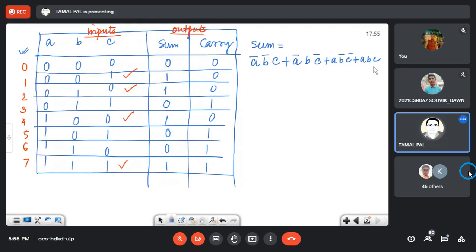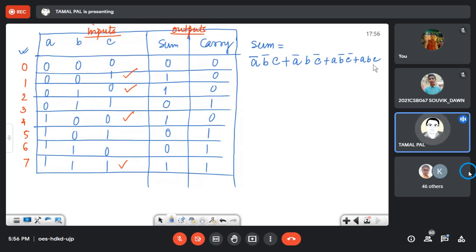Understood or not? Now, if you simplify, you can also find it in different ways. Exclusive OR can be used to represent it. But I'm not getting into that kind of simplification or minimization. I'm sticking to whether I can produce the output expression or not. If I can produce the output expression, that's okay.